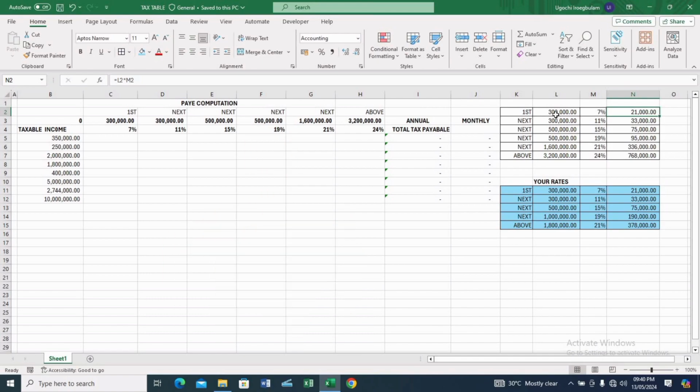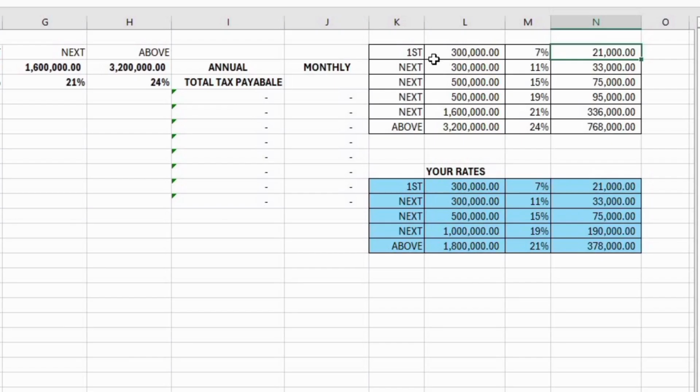The first 300,000 gets a rate of 7%, which amounts to 21,000 naira, which means that any taxable income between 0 to 300,000 naira will be charged 7% as tax payable.